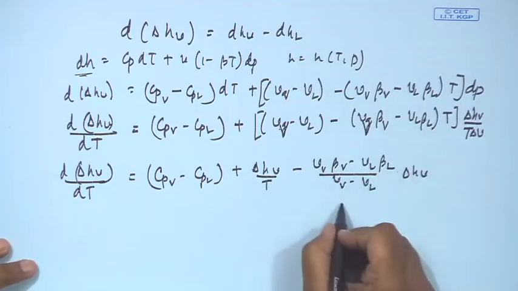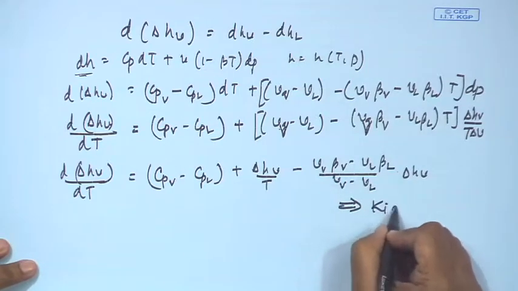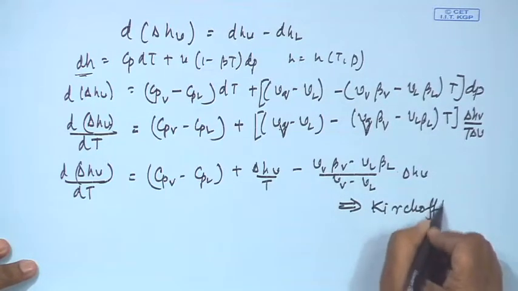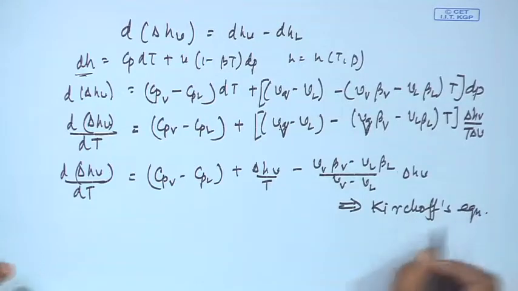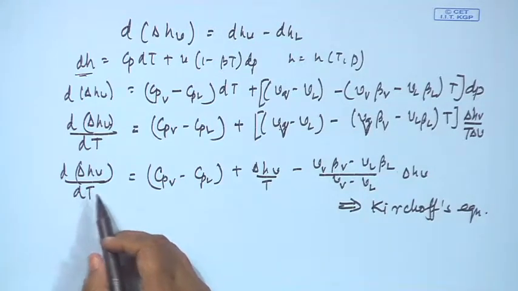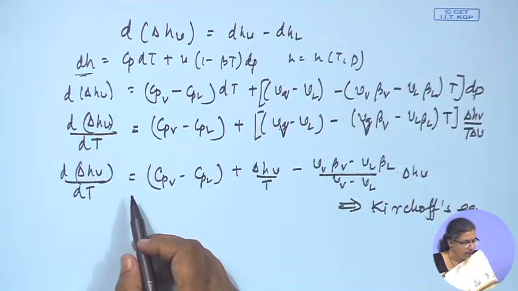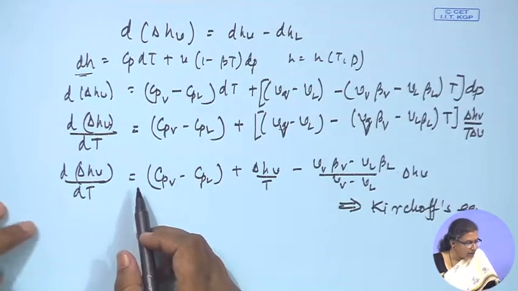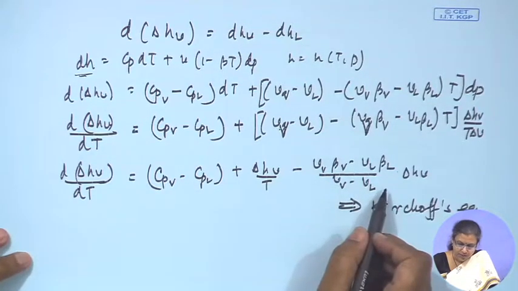And this particular equation is known as the Kirchhoff's equation to predict the latent heat of vaporization in terms of temperature and pressure.